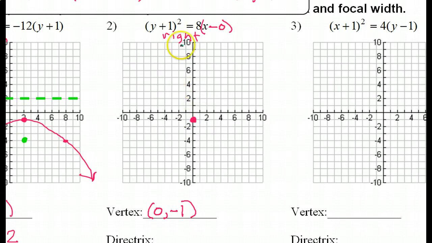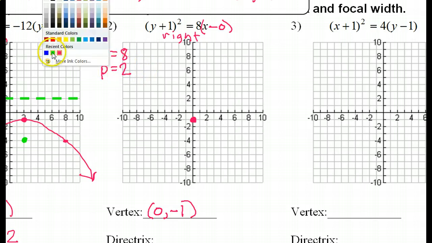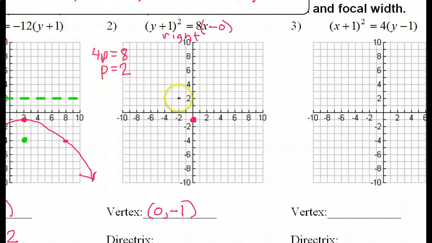So vertex. Next, I need the p-value. Okay, so my p-value, this is going to the right. So, well, I know that 4p is equal to 8. So that means p, if I divide, is equal to 2. That tells me where to put the focus. All right, remember I'm going to the right.